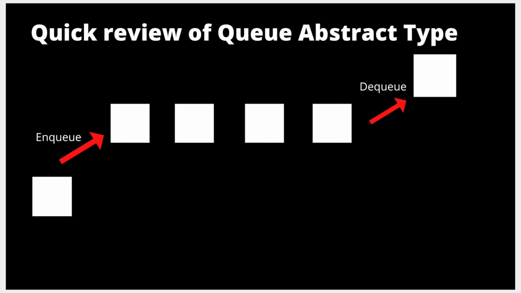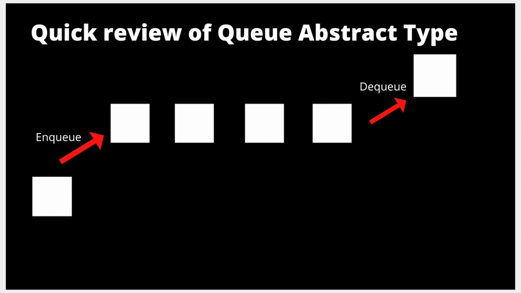There are several ways to implement a queue abstract type. You can use a singly linked list, as I'm going to be showing you in this video. You can use an array. If you're using a static array, then I would advise you to make the size of the static array big enough. But if you are using a dynamic array, you don't need to bother about the size.